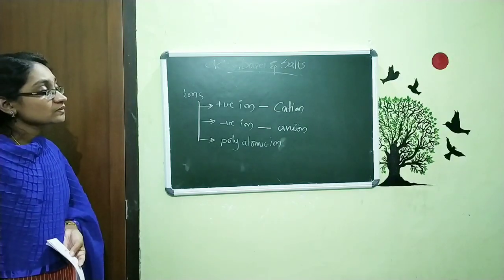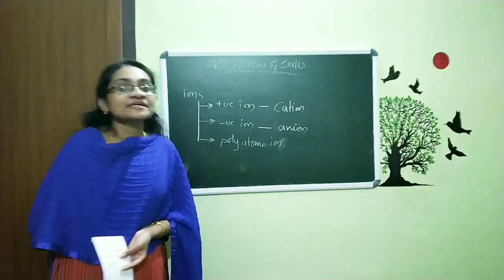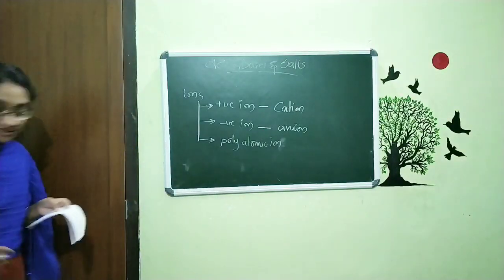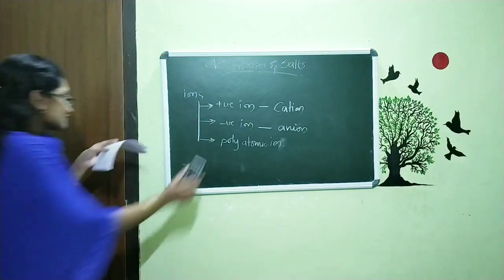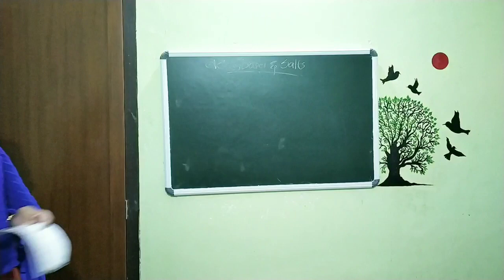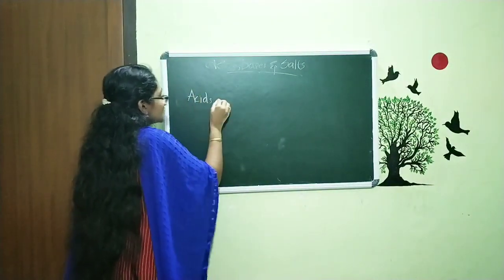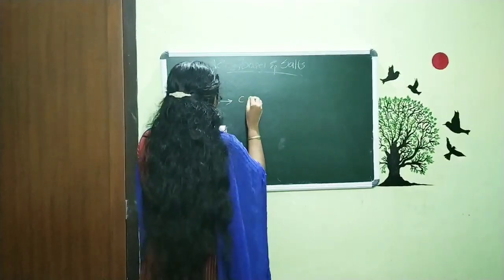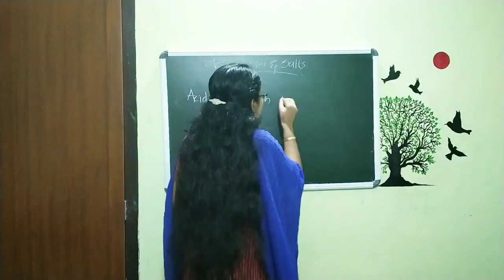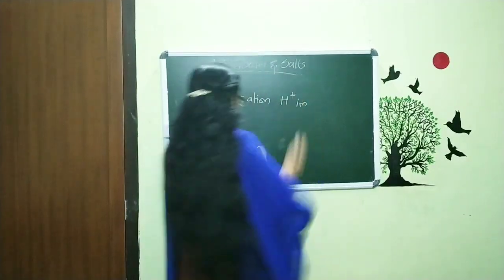Now, I already said that we are going to check which type of ion is present in our acid. In all acids, it contains cation. Cation means the positive ion. What cation? It is having H plus ion, H plus cation.